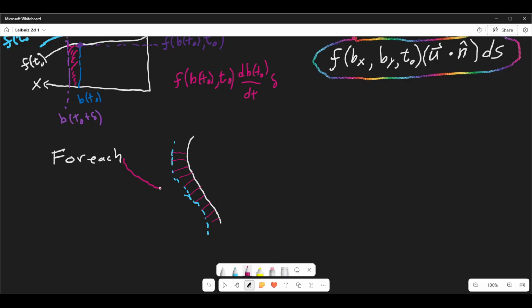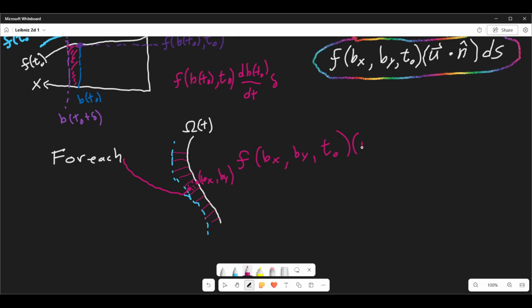So for each of these guys, we have this equation of bx, and this is the bx, comma by, and this is at omega t, at time t.